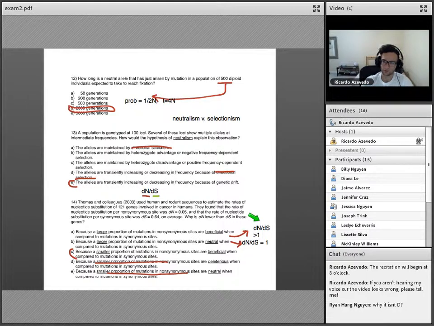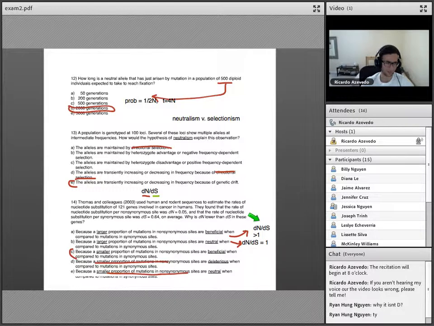That's why we are comparing the rate of non-synonymous to synonymous, since synonymous is just this fixed point of reference that we can use to see if most non-synonymous ones are beneficial, neutral, or deleterious. Hopefully I answered your question, Ryan. If not, please let me know.